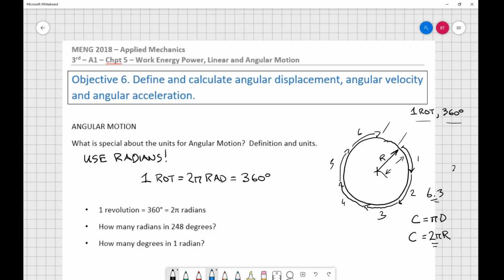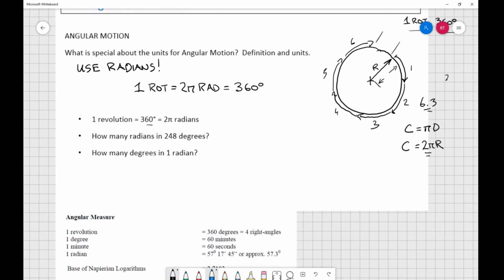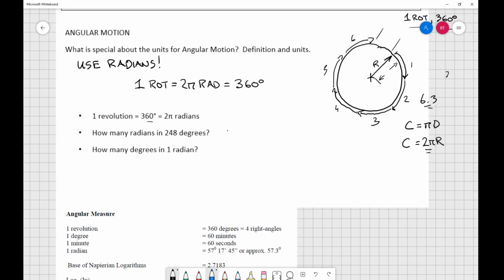Let's practice a couple of conversions. One revolution is 360 degrees is 2 pi radians. How many radians are in 248 degrees? We can use our unit conversions: 248 degrees times 2 pi radians per 360 degrees.